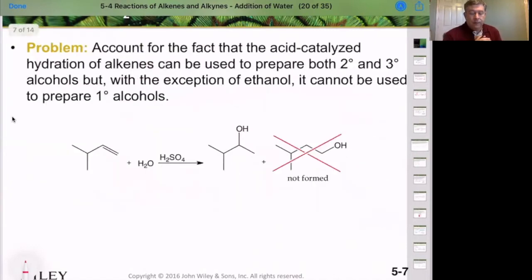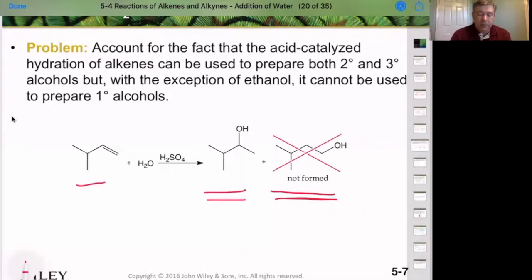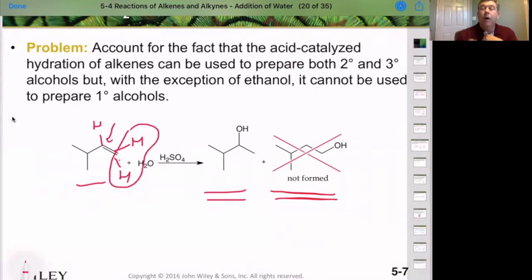So let's look at a different substrate and see if we can generate different kinds of reactions. Why can't we generate this product, but we can generate this product with this species here? Okay, so it all has to do with the idea that if there's only one hydrogen here and two hydrogens here, our hydrogen will always add to the side with more hydrogens, meaning our alcohol will always be on the more substituted carbon.